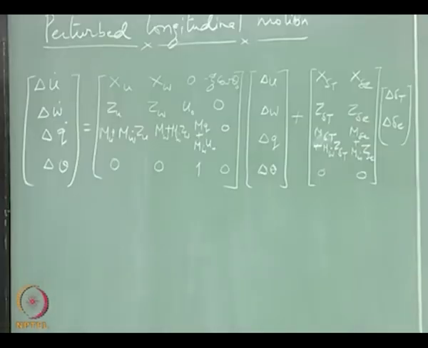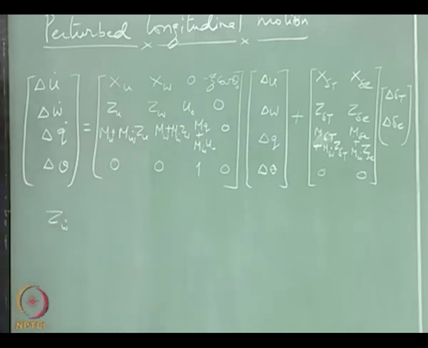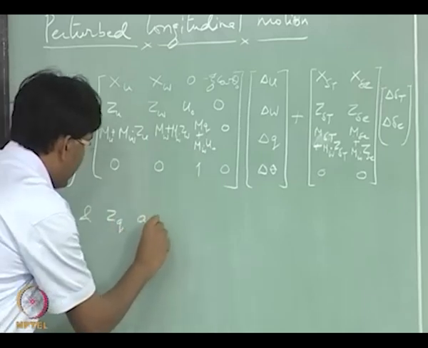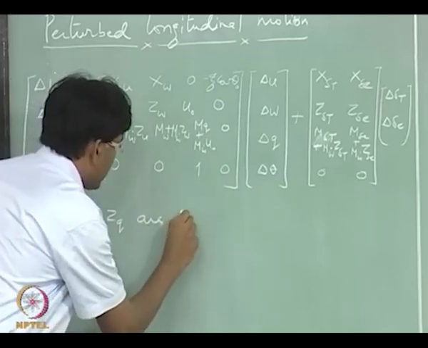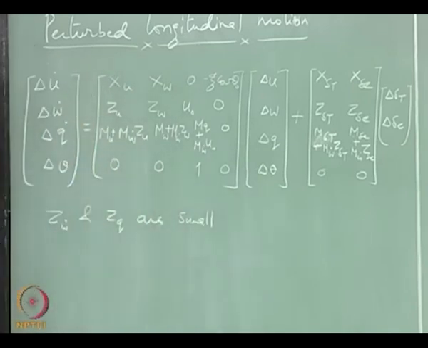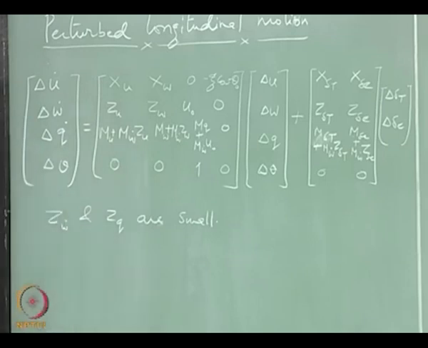Here we have assumed that Z w dot and the like are small, and just neglected them from this set of equations, right.